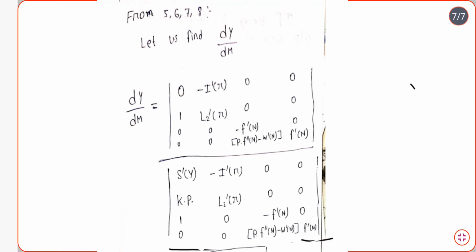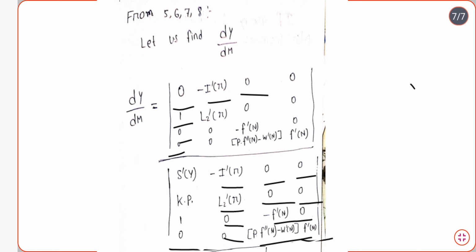If you look into the denominator, all the other things are the same: 0, 0, 0, 0, and the second, third and fourth columns are completely the same, as well as the second column. But the first column is different. Right? The first column is different.